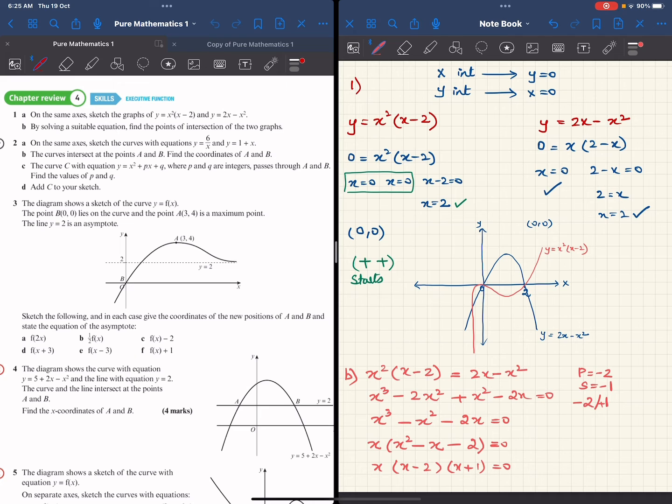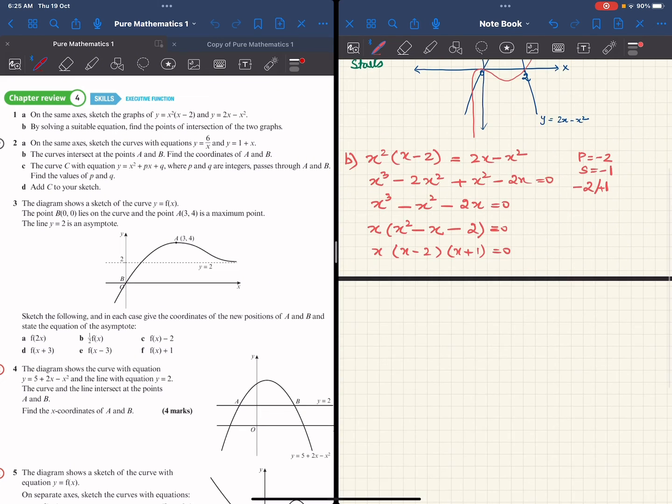Therefore our roots are x is equal to 0, x minus 2 is equal to 0, x plus 1 is equal to 0, and hence the roots are x is equal to 0 is the first one, x is equal to 2, and x is equal to minus 1.